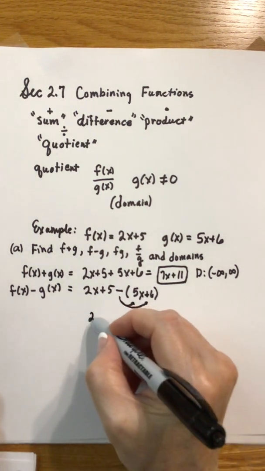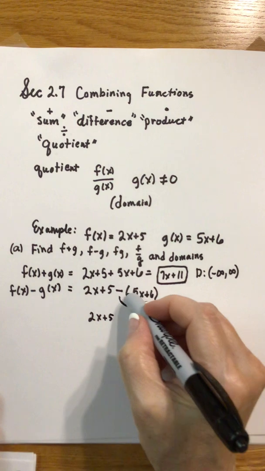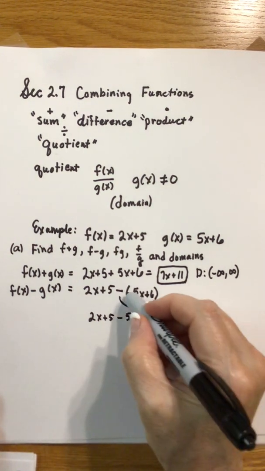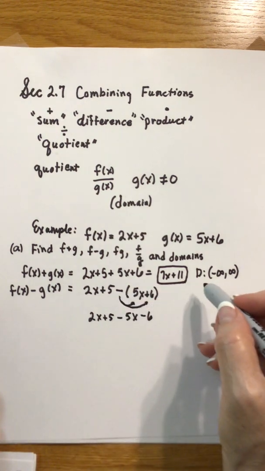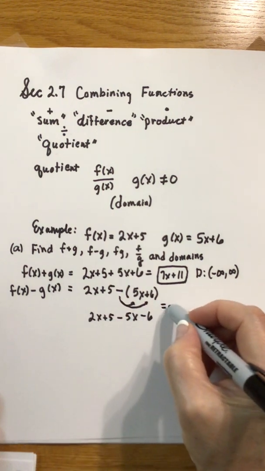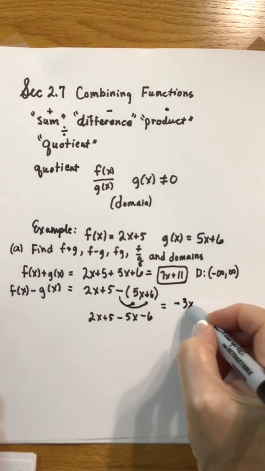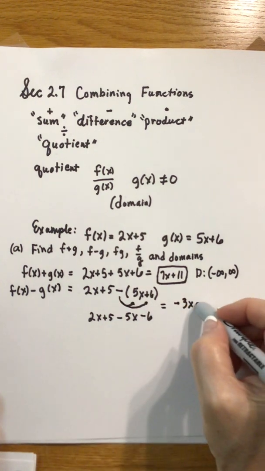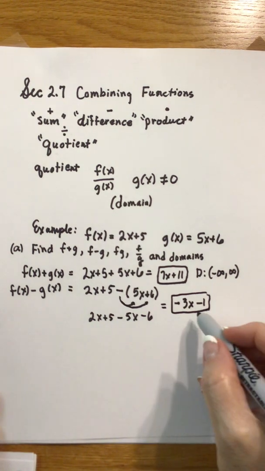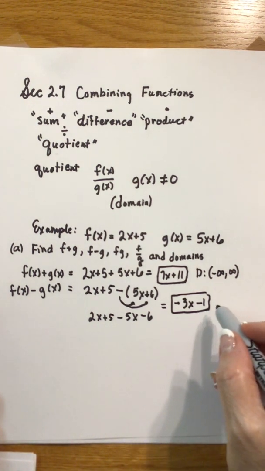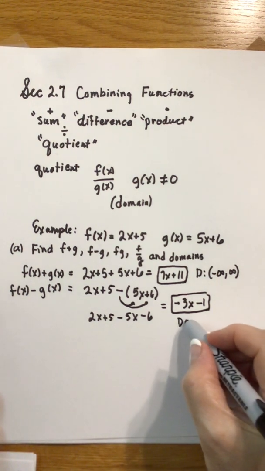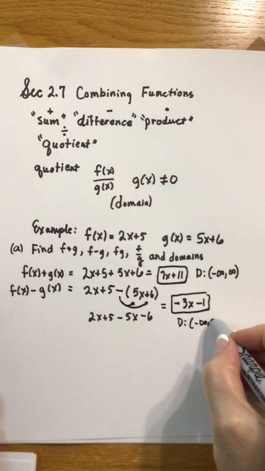So I'm going to have 2x plus 5 minus 5x minus 6, because you got negative times positive, negative times positive. Now when you put like terms together, 2x minus 5x gives us a what? Negative 3x, and 5 minus 6 gives me a negative 1. Again, our domain, each of these things is linear, so we don't have any fractions, don't have any radicals, so the domain is going to be negative infinity to infinity.